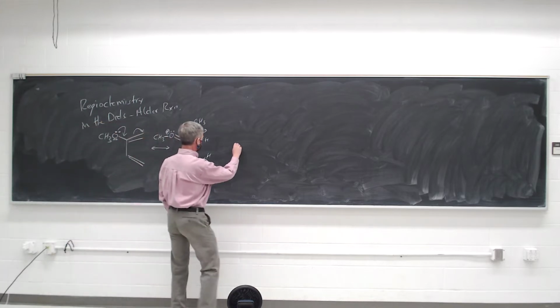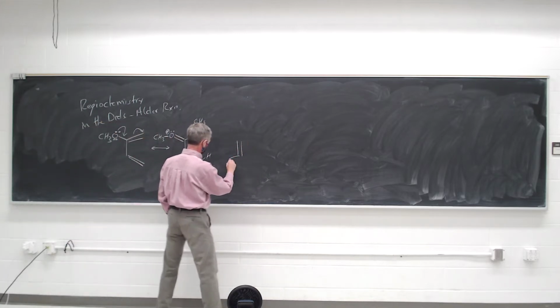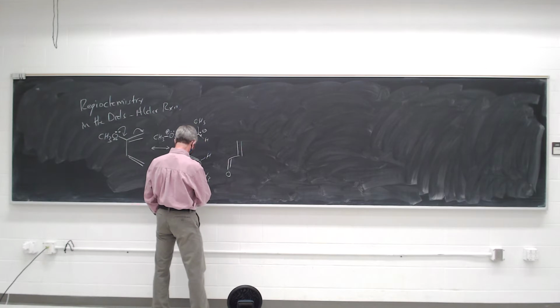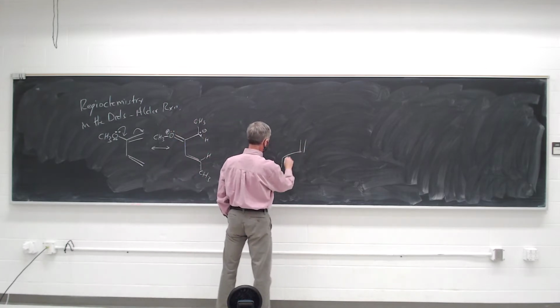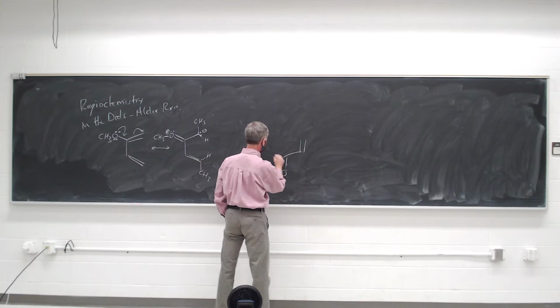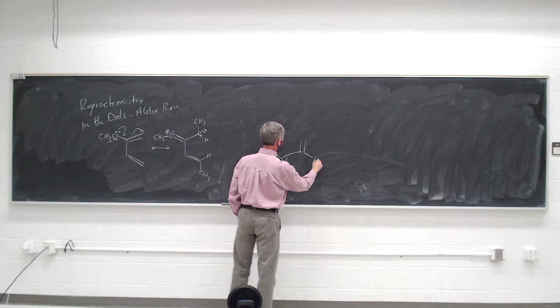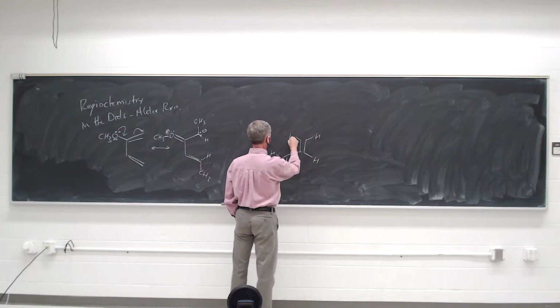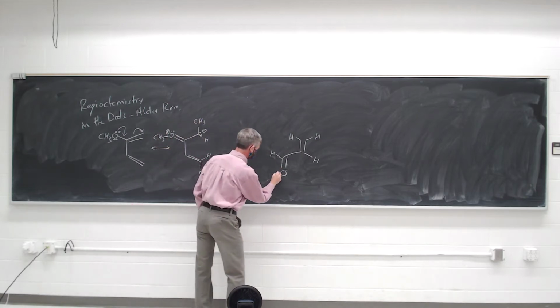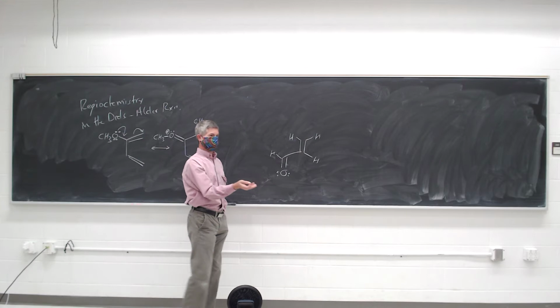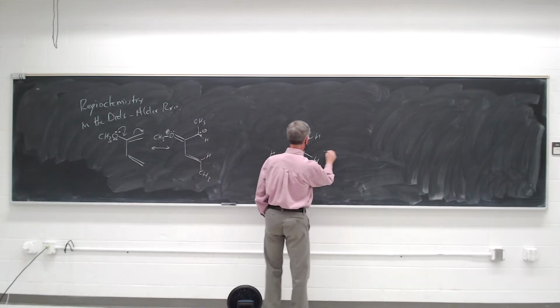well. The dienophile that we had, which had this oxygen, also has the ability to write a resonance structure. Actually, it's got the ability to write a couple of different resonance structures.